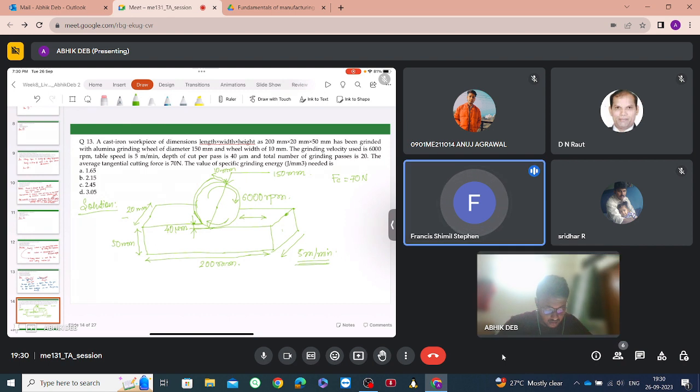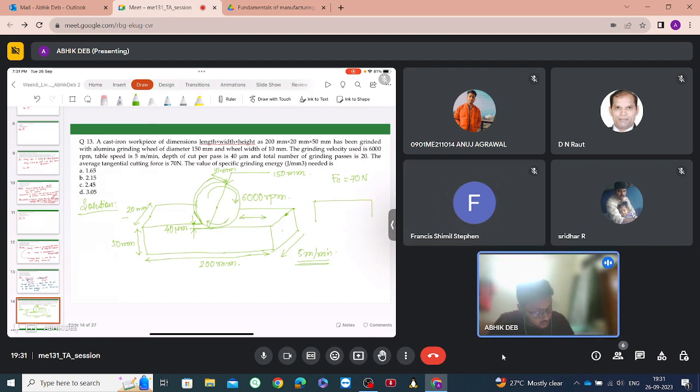So there should be a movement for the wheel also, isn't it? Other than the rotation, there should be a movement for the wheel in that direction, perpendicular to the workpiece movement. Supposedly, the wheel was initially in this region, cutting.